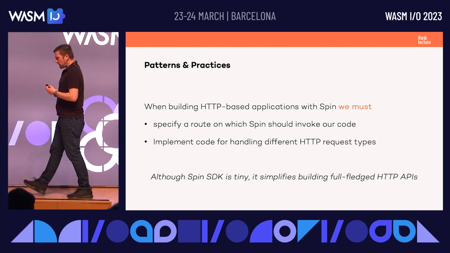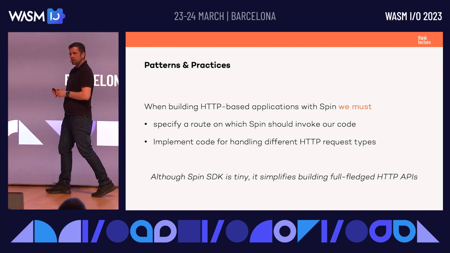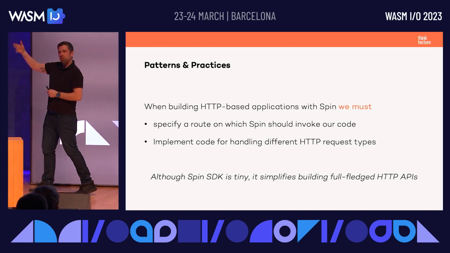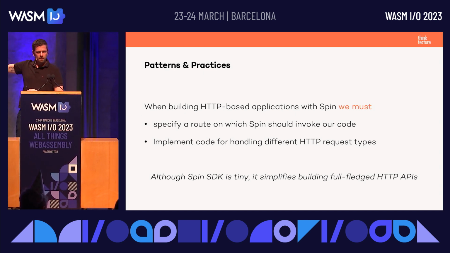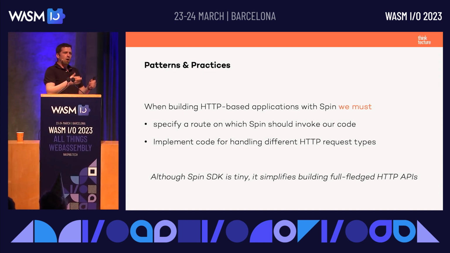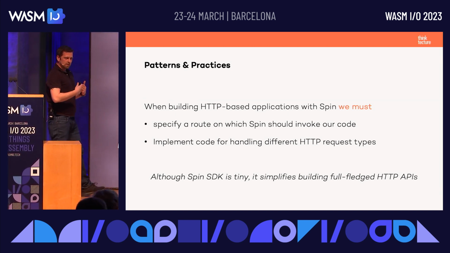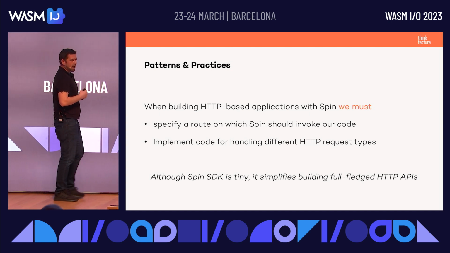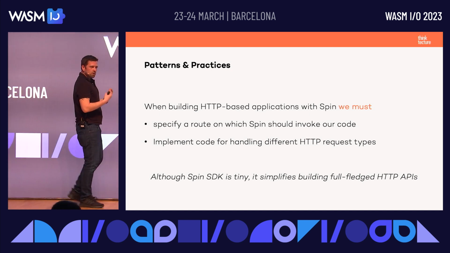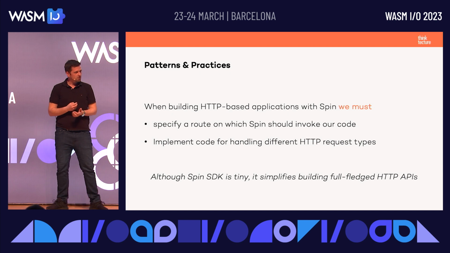So we have those triggers and instruct the runtime, hey, on a certain path or underneath a certain path, please invoke my WebAssembly module. However, it is our responsibility as an application developer to take care of routing and to implement handlers for all the things HTTP.